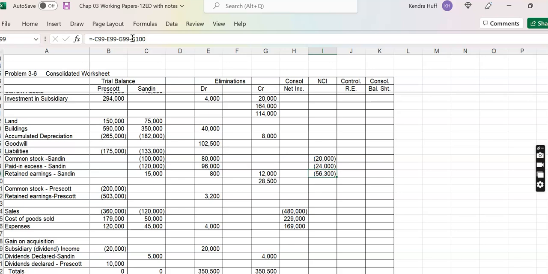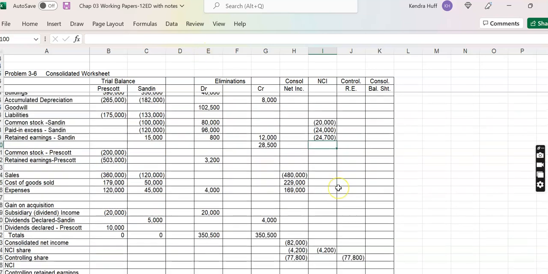Okay, so I'm going back to doing it how I was doing a second ago. All right, so 15,000. I'm going to add it because it's a debit. Then I'm going to add the 800 because it's a debit, and then I'm going to subtract the 12 and subtract the 28.5 because they're credits. There, that's what it should be.